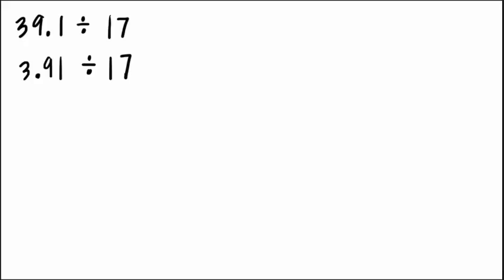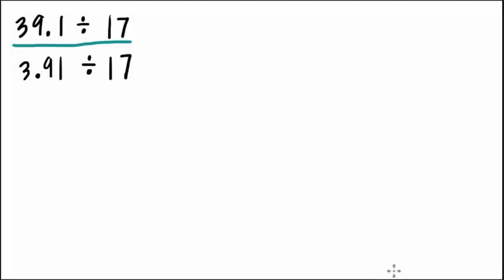Let's take a look at this. Just as we did before, we have 39 and 1/10 divided by 17. We're going to round the divisor first. Our divisor is 17. So I'm going to do the first one, and let's do it in a different color. I'm just going to underline that for you.